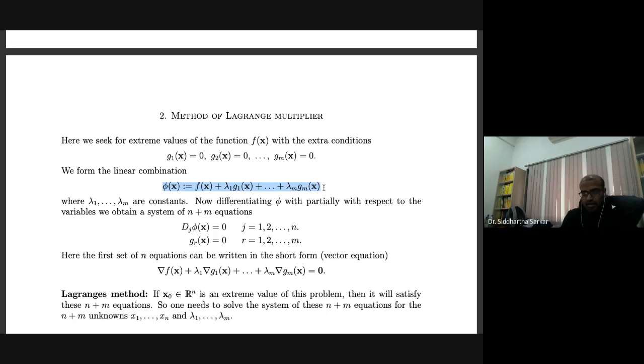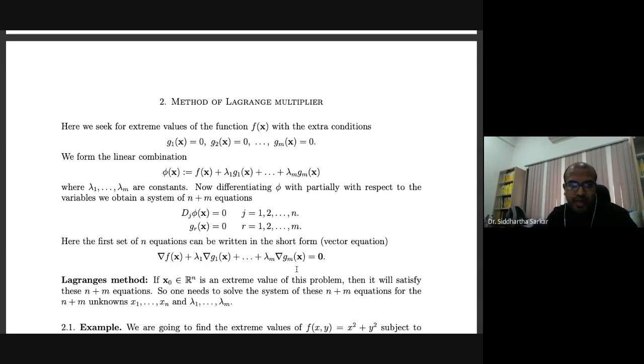Now you find all the partial derivatives with respect to the variables 1 up to n, and set these equal to 0. So you essentially get n plus m equations, and we want to solve these for the n plus m unknowns, which are lambda 1, lambda 2 up to lambda m, and also x1, x2, up to xn. So these are the unknowns.